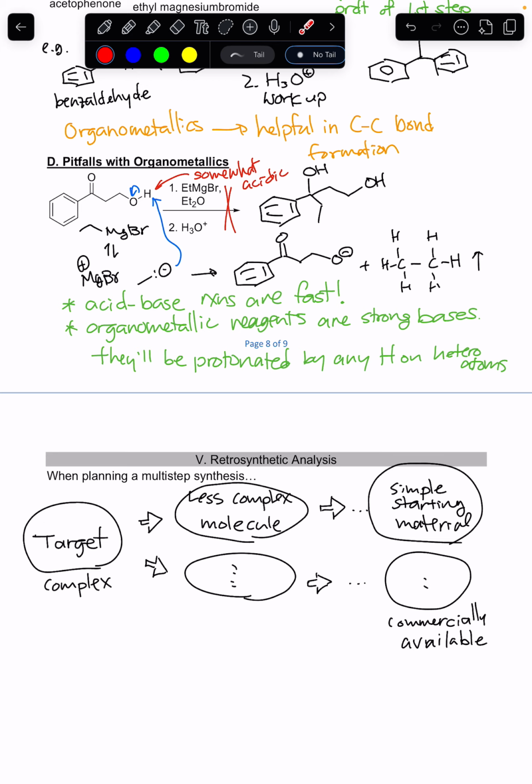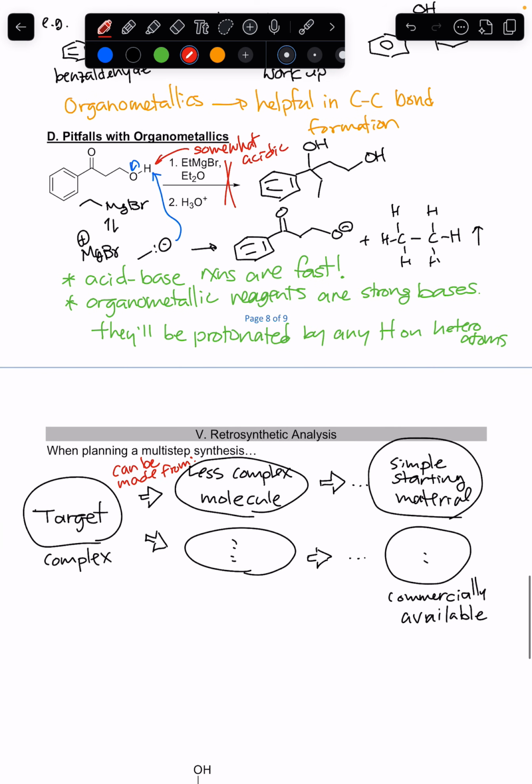Now these arrows actually mean something specific in organic chemistry, and this means can be made from. This is called a retrosynthetic arrow. Maybe I should write that here.